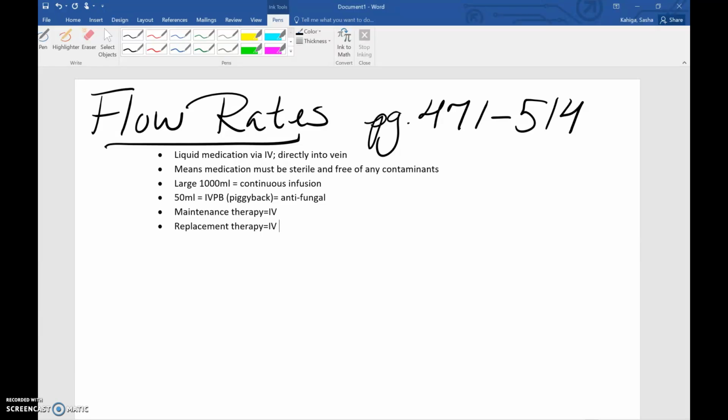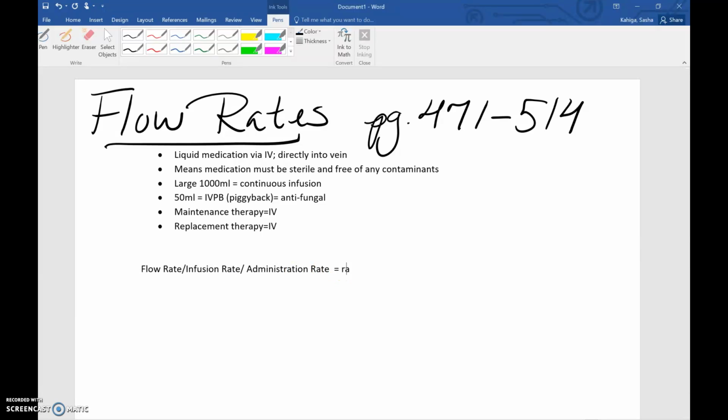One of the things that I want you to know is that when we talk about flow rates, you may also hear the term infusion rate or administration rate. All right. They all mean the same thing.